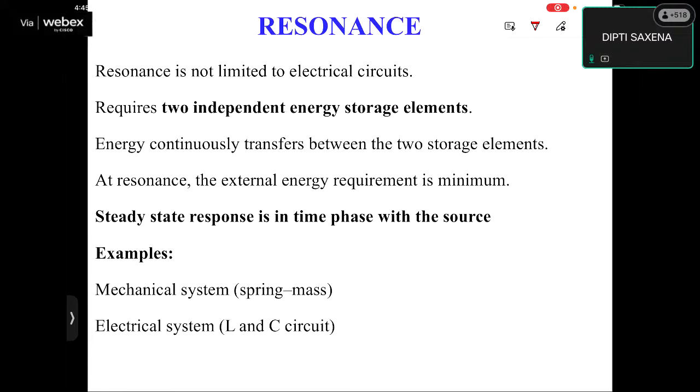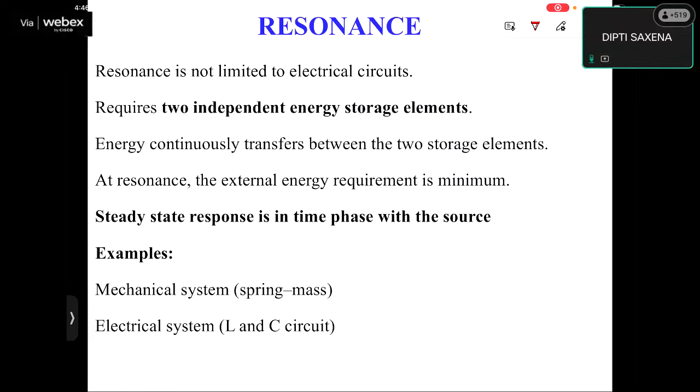Similarly, just imagine we are walking on a bridge. If the frequency of the bridge matches the frequency of your footsteps, the vibration may be so high that it can damage the bridge structure. So, resonance can be a constructive phenomenon, resonance can be a destructive phenomenon.